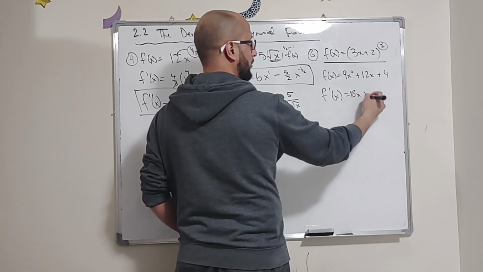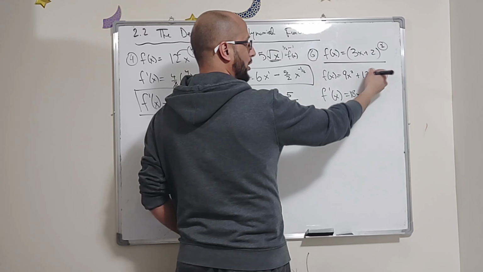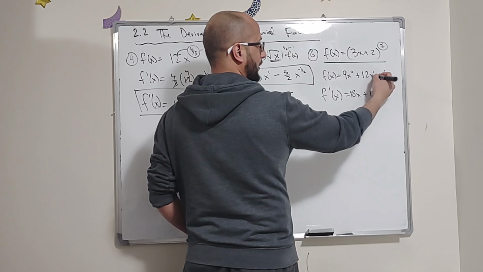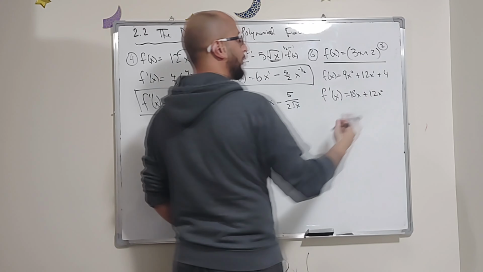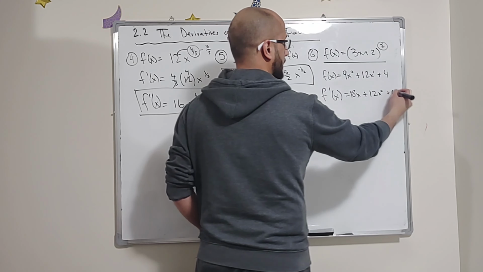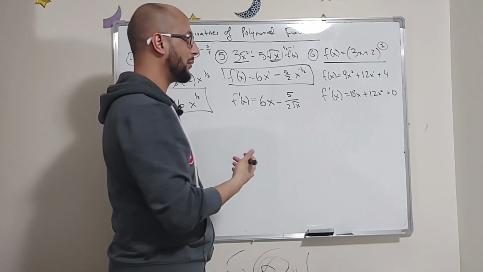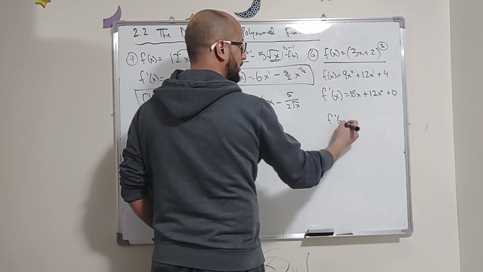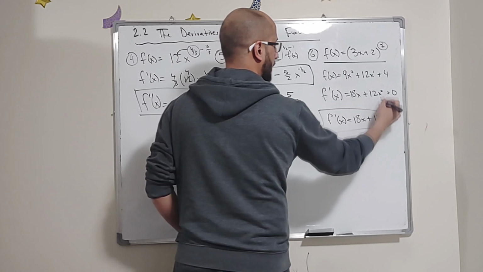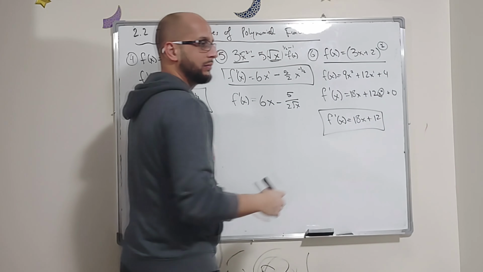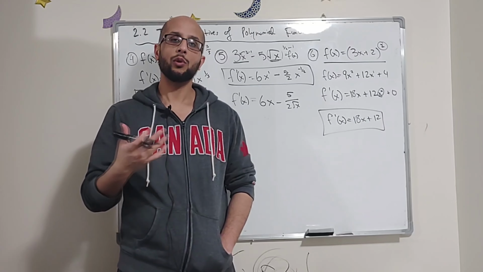Then 12 and x: the x has an exponent of 1, 1 times 12 is 12, and the x becomes x to the power of 0. And what is the derivative of a constant? 0. You don't have to write that; I'm only writing it to show you that that's what happens. If I want to simplify this, it's 18x plus 12, because x to the power of 0 is 1.